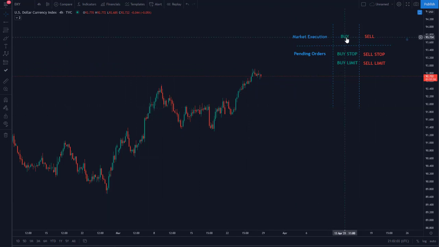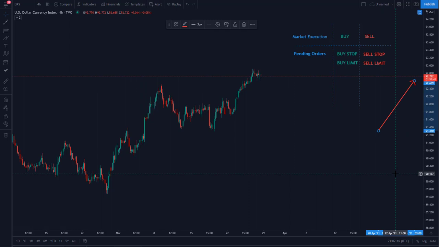Market execution buy simply means I am buying at the current market price. For instance, right here, the current market price is 92.722.